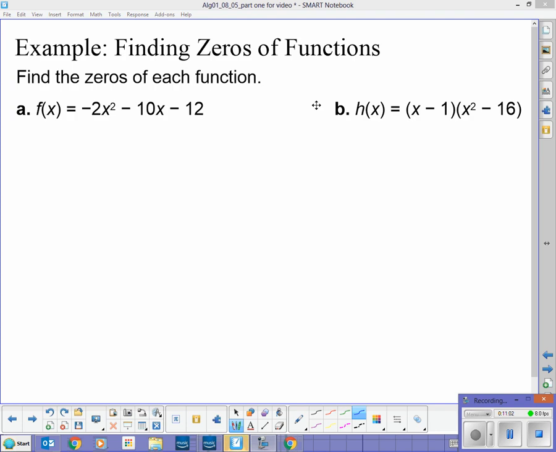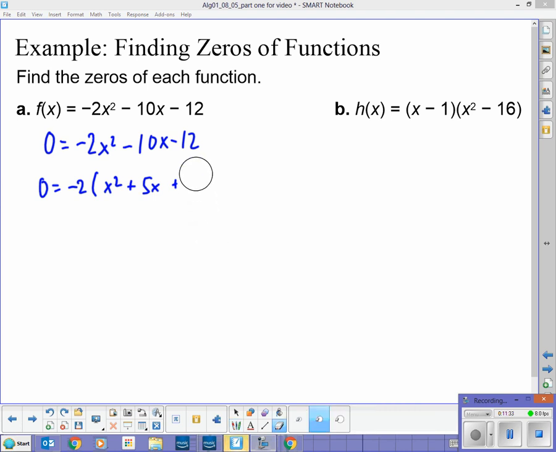Okay, so here's a couple examples, and we've done these before. We're just solving. We set it equal to zero, and then we factor and solve. So over here, I'm going to factor out a negative 2. That leaves me x squared plus 5x plus 6, I'm sorry.